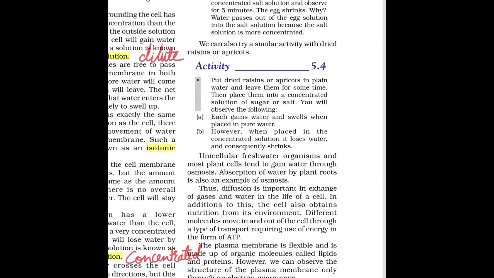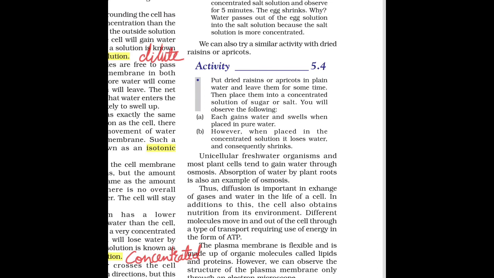Each gains water and swells up when placed in pure water. However, when placed in a concentrated solution, it loses water and consequently shrinks. So, always remember that in a hypotonic solution, a cell swells, whereas in a hypertonic solution, a cell shrinks.